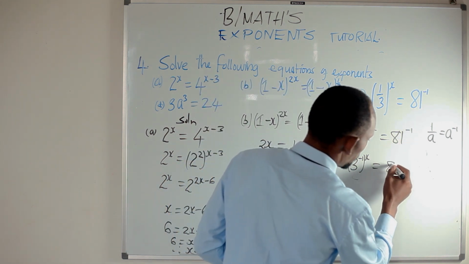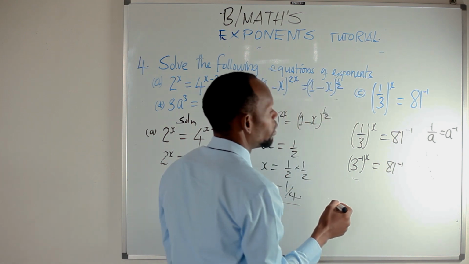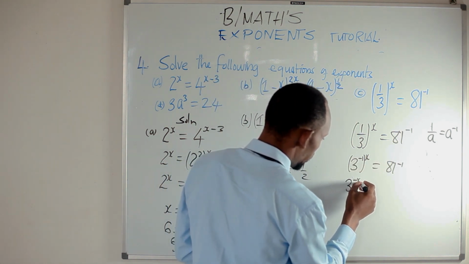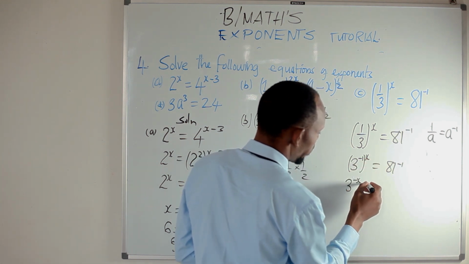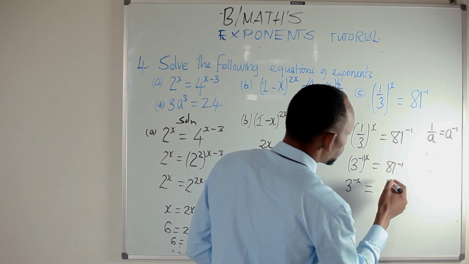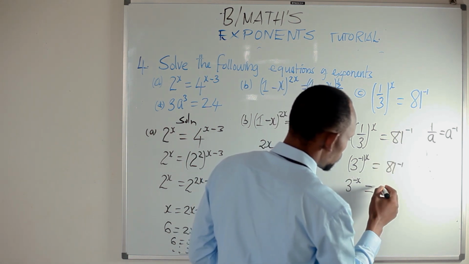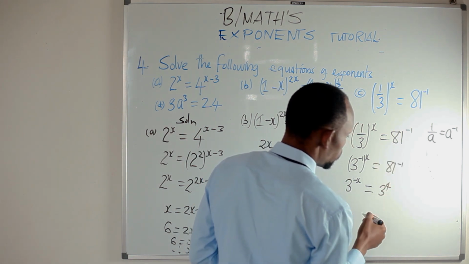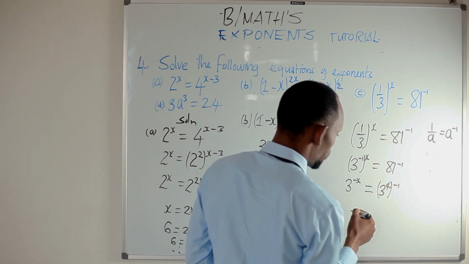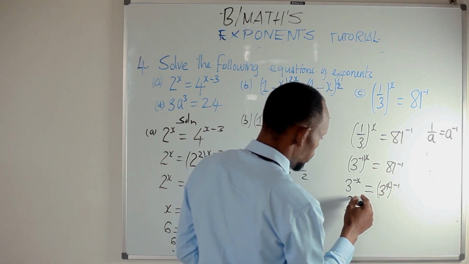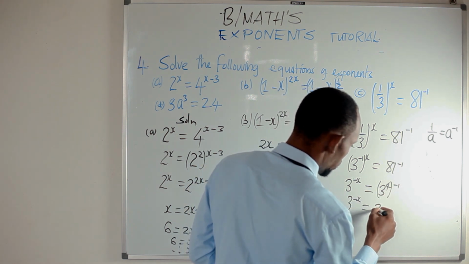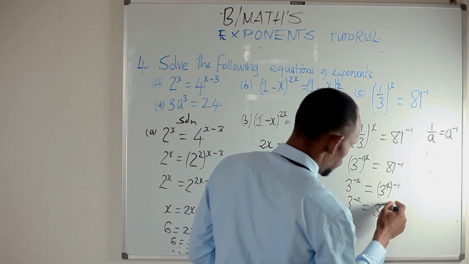Equals 81 power negative 1. Opening the bracket, this will be 3 power negative x, negative 1 times x, equals this one. This 81, when factorized, will be 3 power 4. So 81 power negative 1 becomes, opening the bracket, 3 power (4 times negative 1), negative 4.